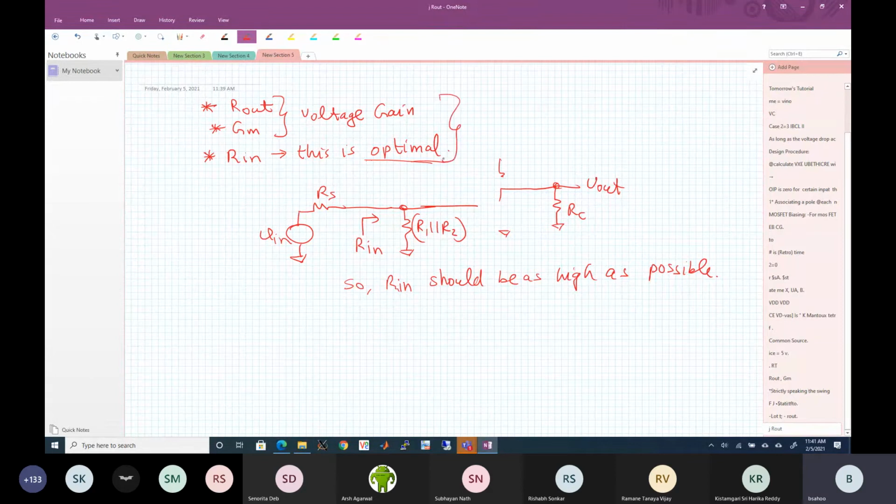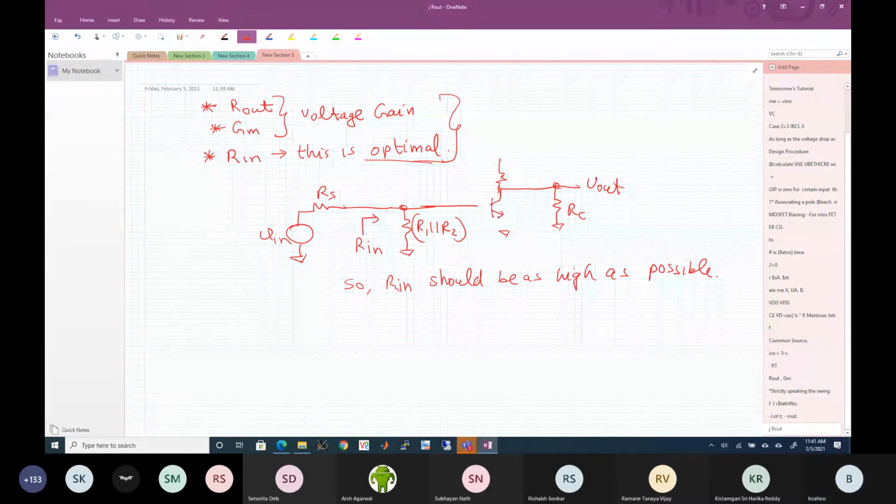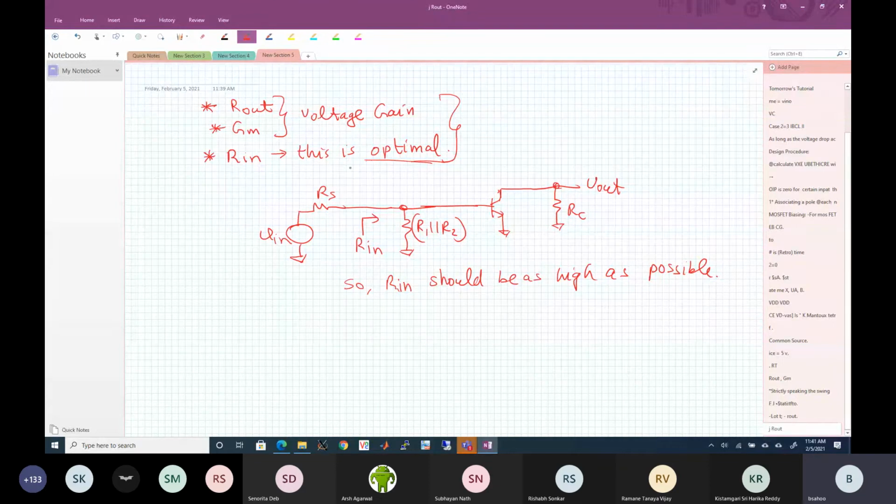So this thing got automatically deleted. Oh, sorry, this should not have been there. So Rin should be as high as possible in this case. But we'll be discussing other topologies where Rin has to be as small as possible.